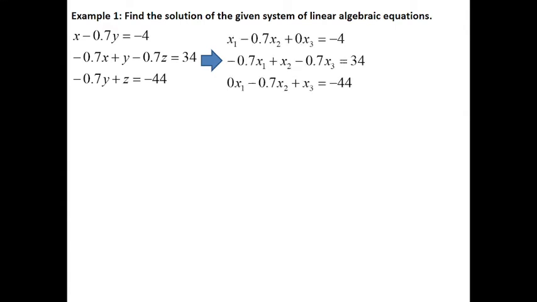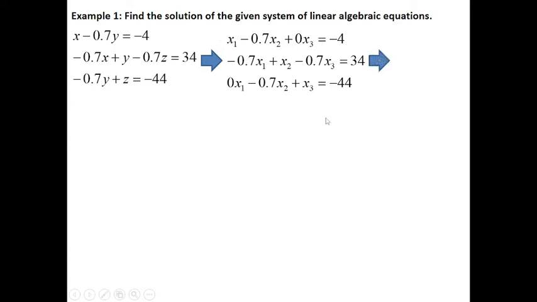So this is the first procedure. We will let x equals x sub 1, y equals x sub 2, z equals x sub 3. This will now be the new form of the system in terms of x sub 1, x sub 2, and x sub 3.